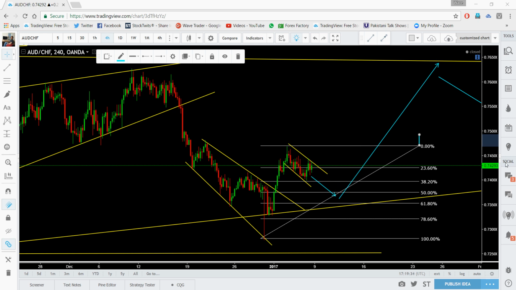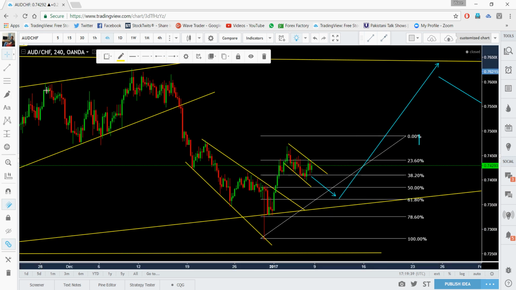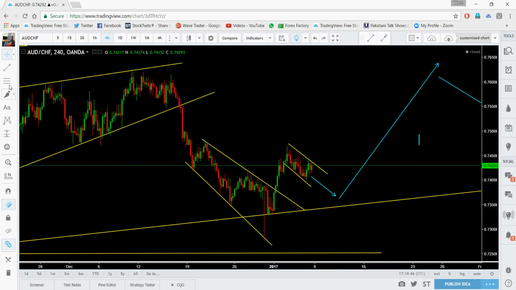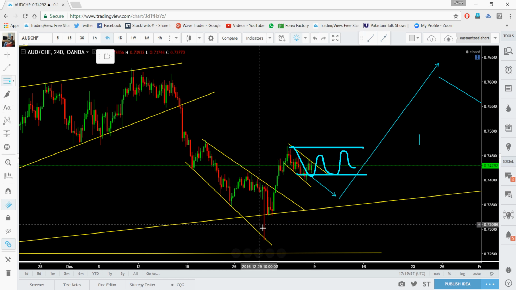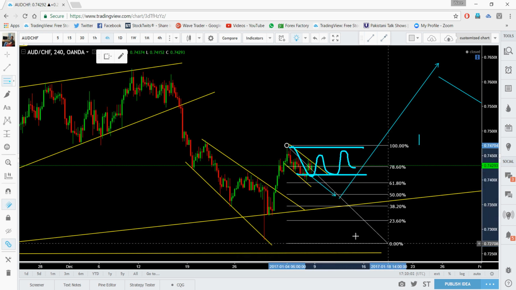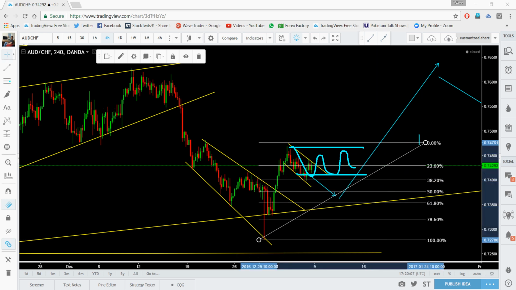So if price started to form a flat channel, for example, then it can test only your 38 or 40%.